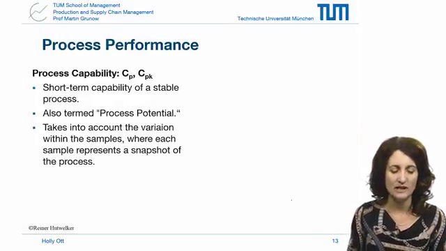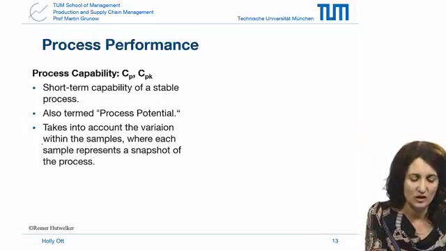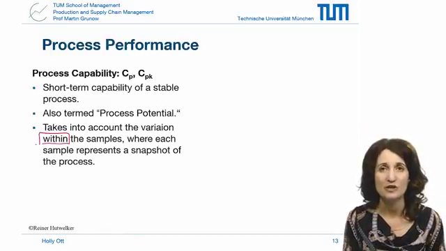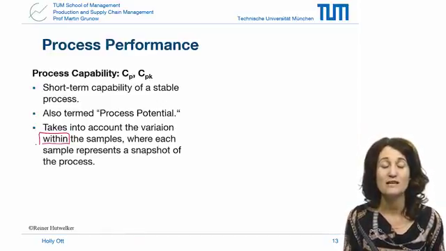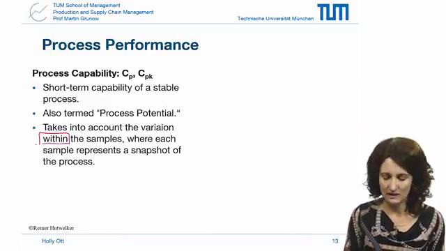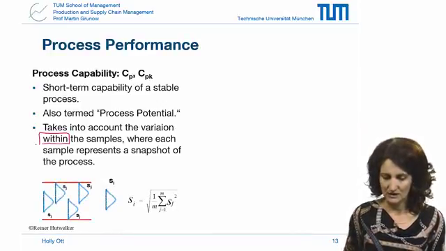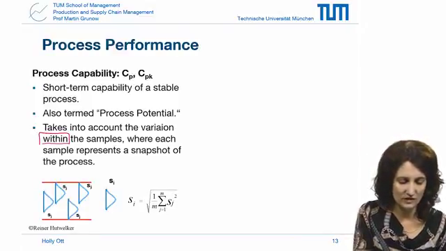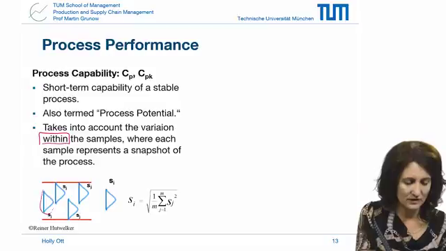They're going to take into account the variation within each of our samples. So we take a sample, we take a snapshot of the process, we use that sample to estimate the standard deviation, and you can average those values together as we've shown here. So here's the sample.